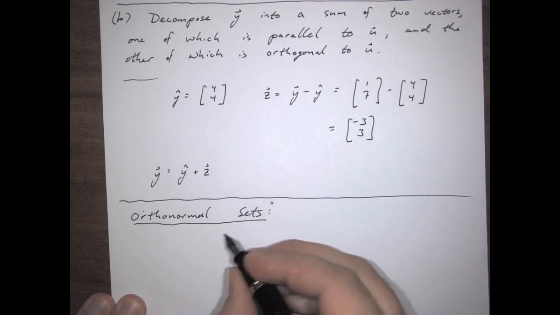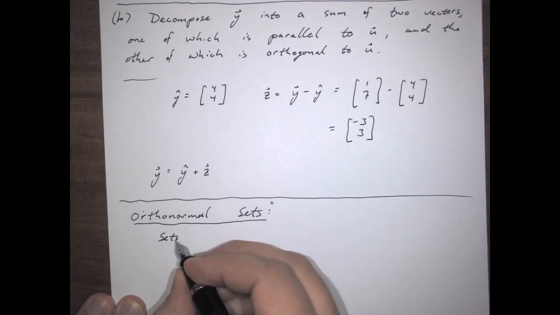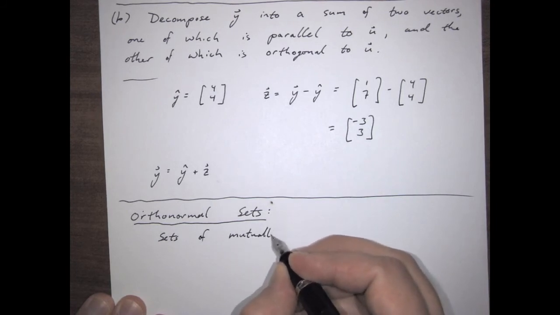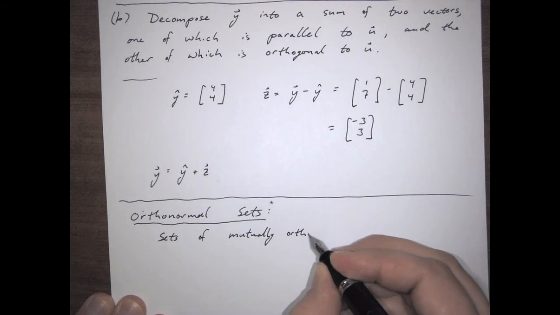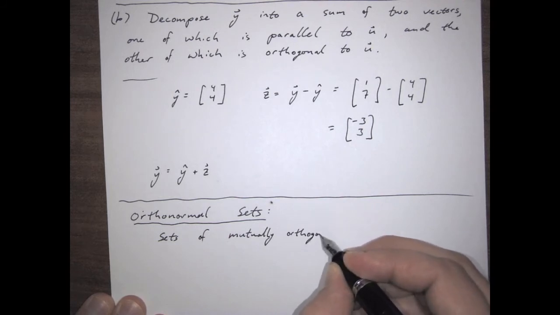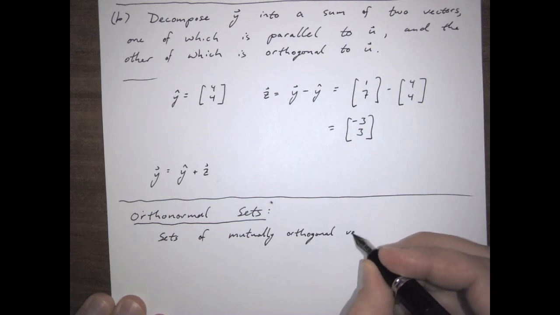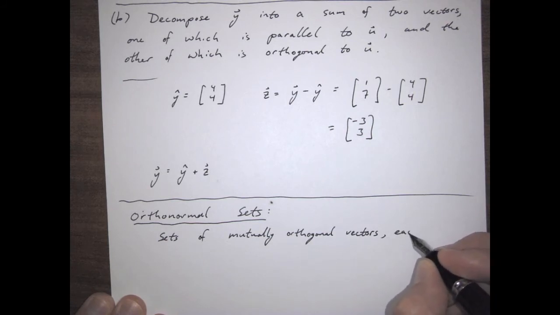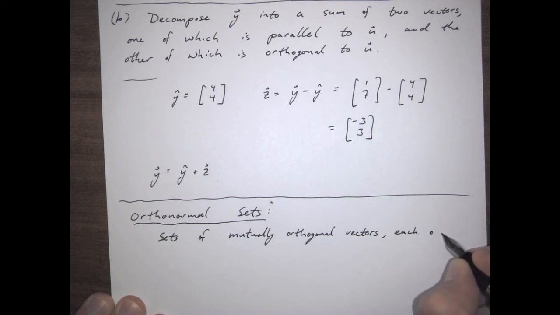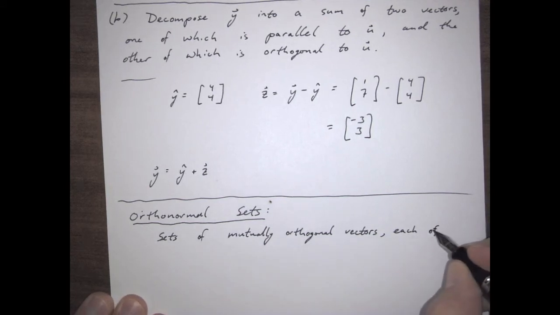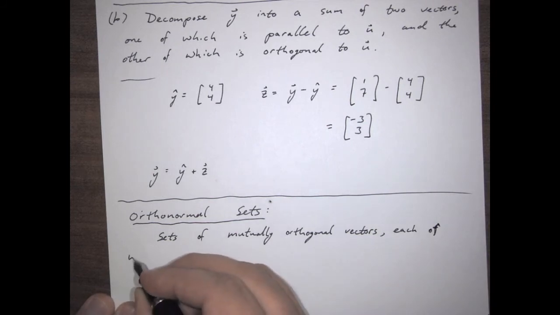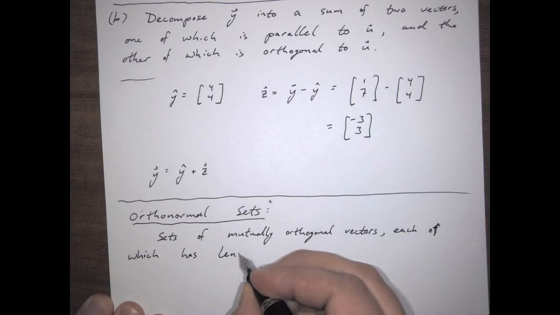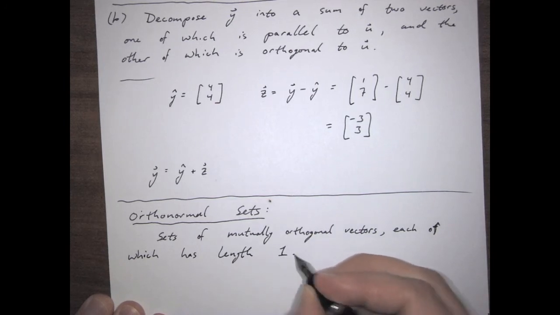So these are sets of mutually orthogonal vectors, each of which has length 1.